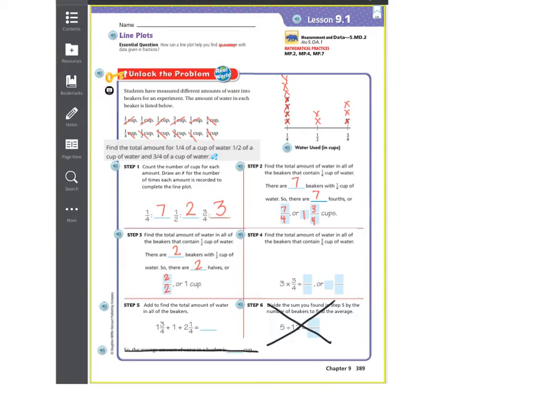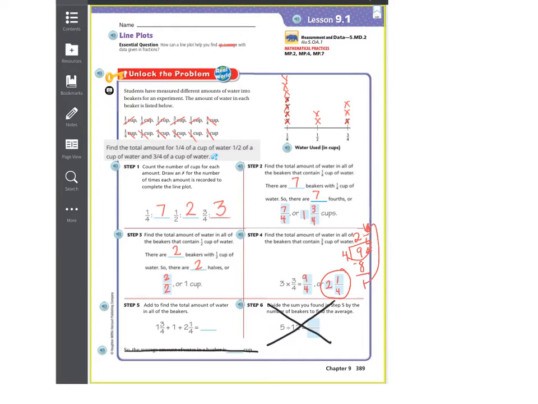So 3 times 3/4 is equal to 9/4, or 2 1/4. And again, how I got 2 1/4, remember we're dividing, and we get 1 remainder. 4, because the 4 goes there and the remainder goes there. That's how I got 2 1/4.